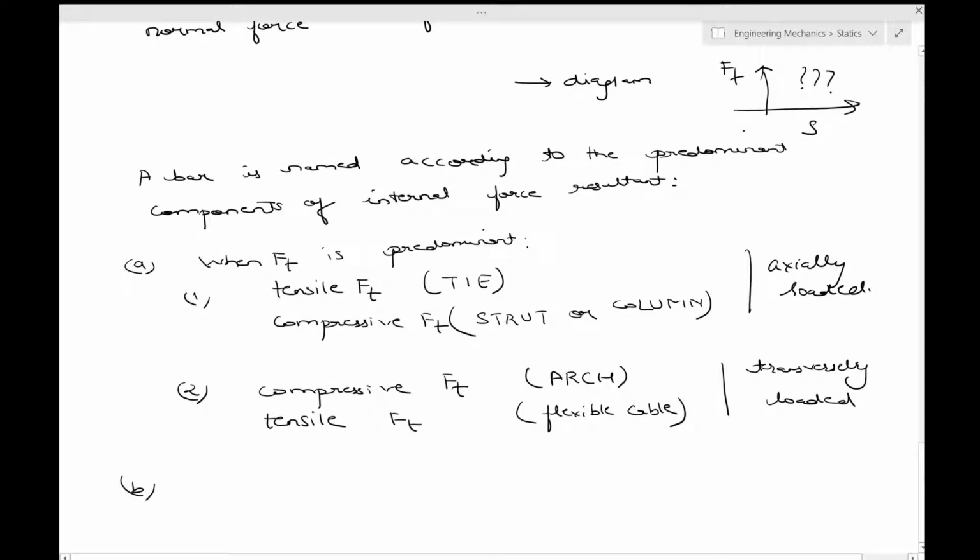Now coming to B, when Mt is predominant, in that case it is called a shaft. Sorry, when the twisting moment is predominant, it is called a shaft or torque bar.